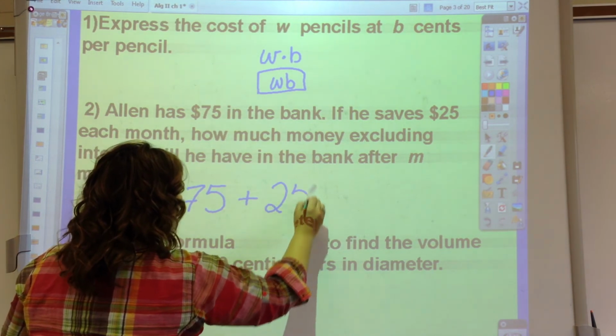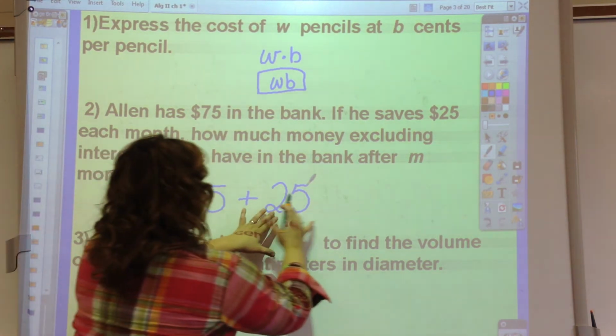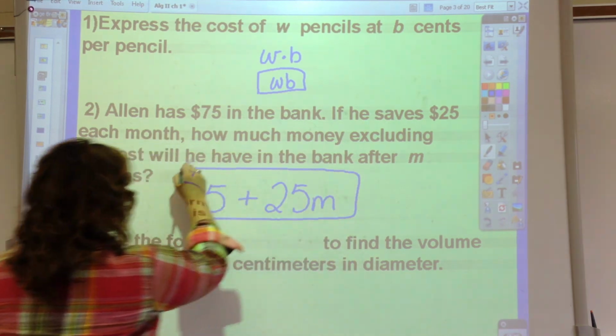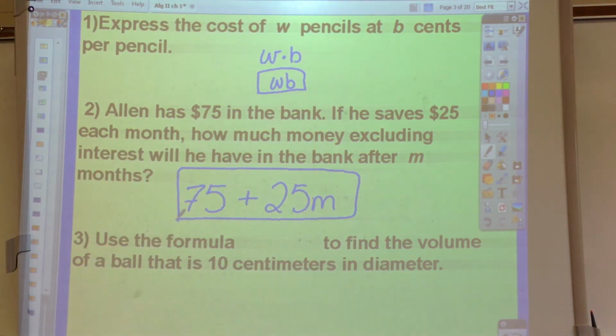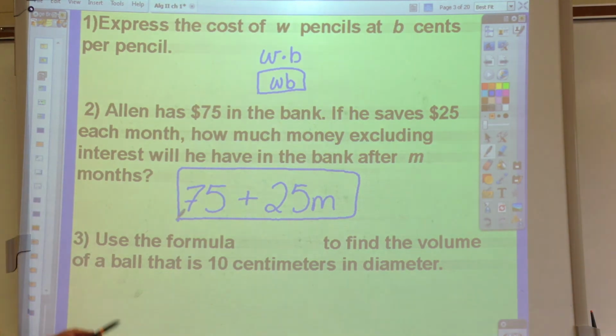And I want to add 25, not just one time, but M times. And I would represent that by 25 times M. Now this expression shows how much money he has after any month. If I want to find out how much money he has after 10 months, I can simply plug in 10 for M and find that exact value.